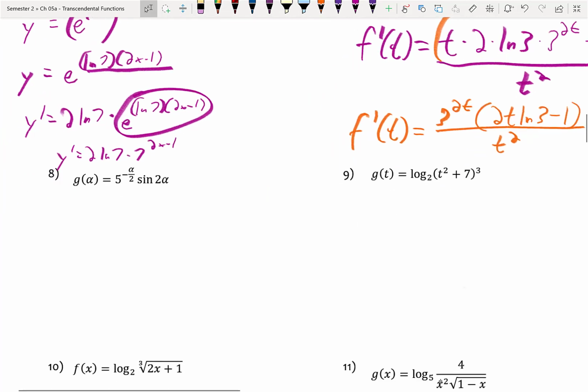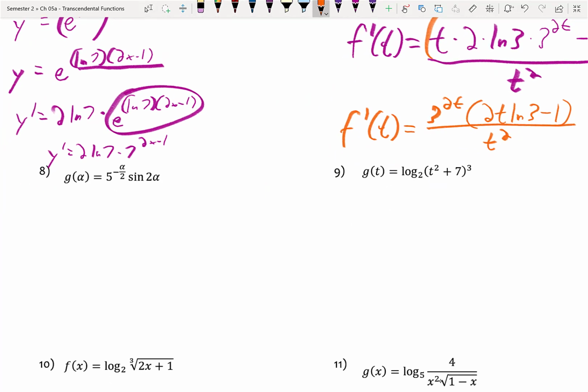Okay, next, we have a product rule with sine. G prime of alpha. You're like, why did you use alpha? First, times the derivative of the second. So 5 to the negative alpha over 2, not a, and not the infinity symbol, times the derivative of sine of 2 alpha, which is, chain rule, 2 cosine 2 alpha, plus second times the derivative of the first.